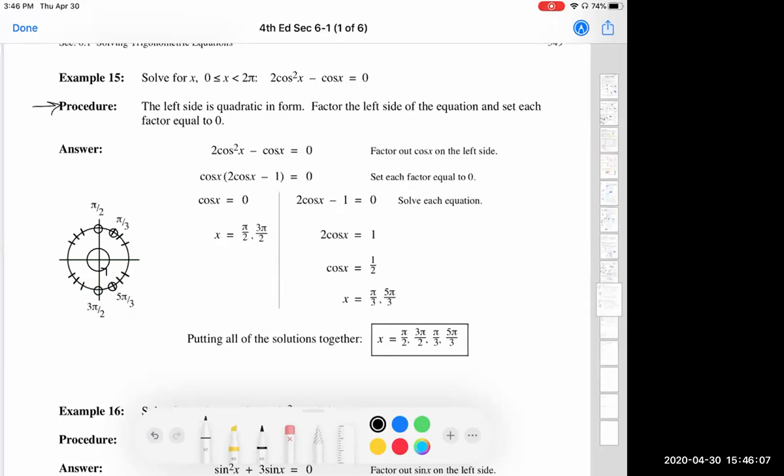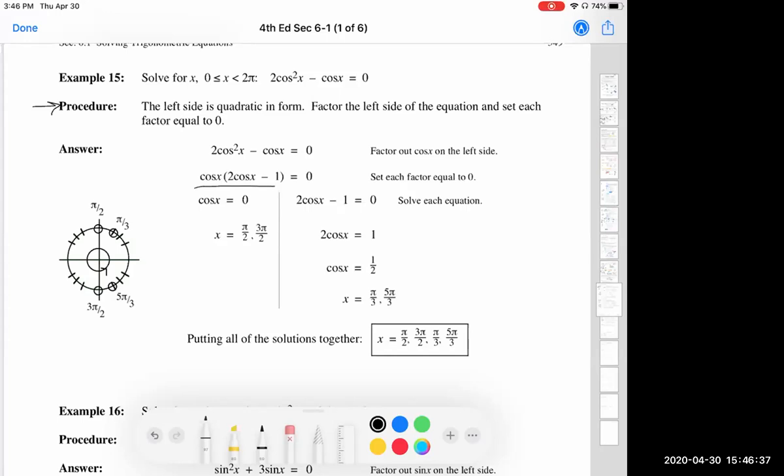The left side is in quadratic form. We factor the left side of the equation and set each factor equal to 0. So we're going to factor, and this is what it factors to. Now, according to our zero product property, we can take each factor and set it to 0. So we have cosine of x equals 0, and the other factor, 2 cosine of x minus 1 equals 0. We solve for x separately on each one.